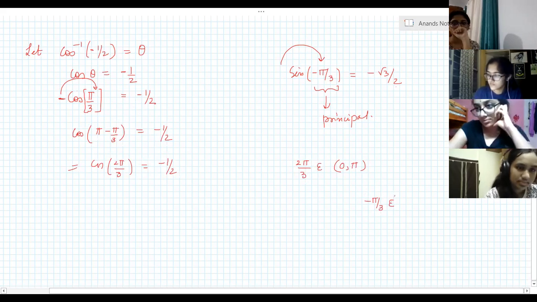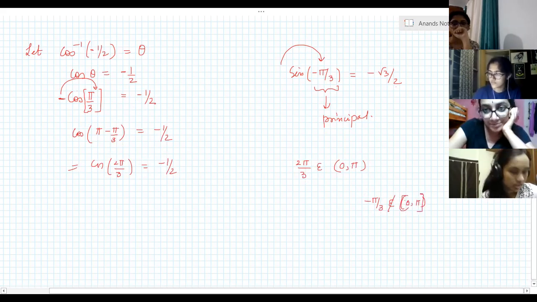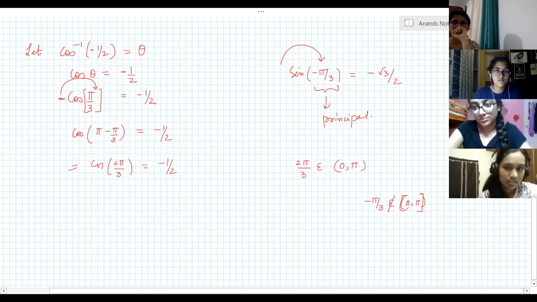Minus pi by 3 does not belong to the domain of 0 to pi. So you didn't do the domain check. Please be careful. Here too, I am doing a domain check. As it belongs to 0 to pi, I can say now 2 pi by 3 is the principal value.